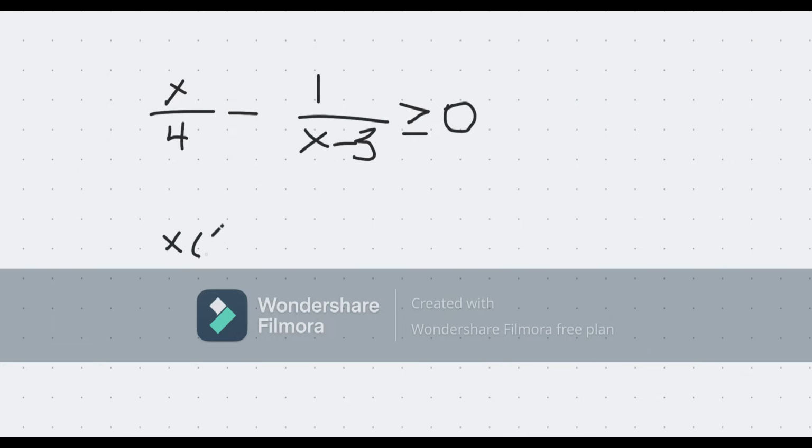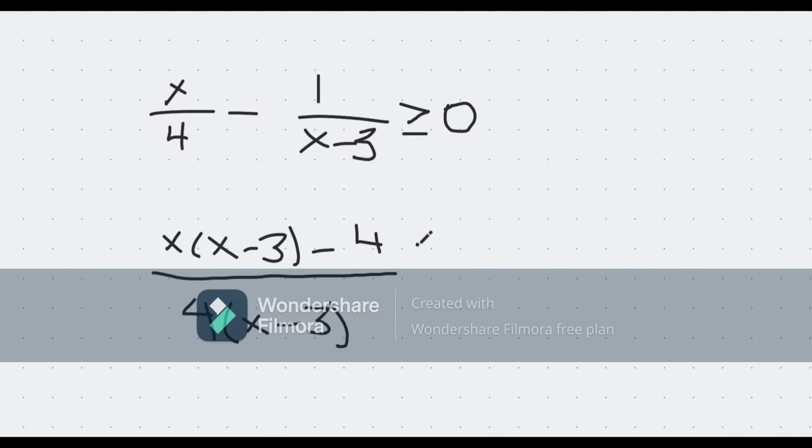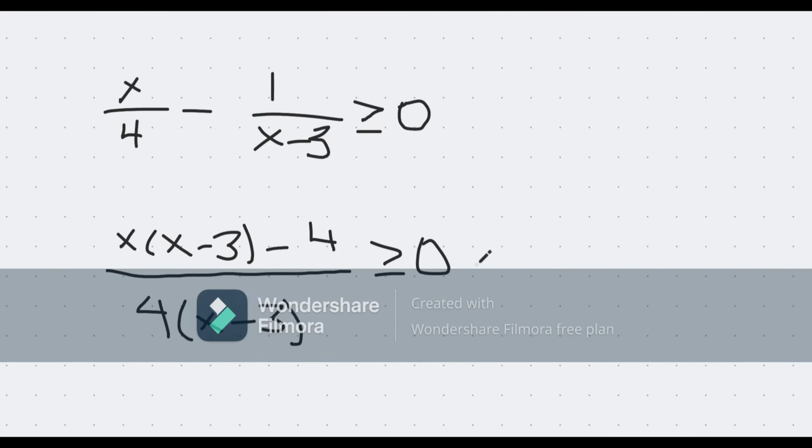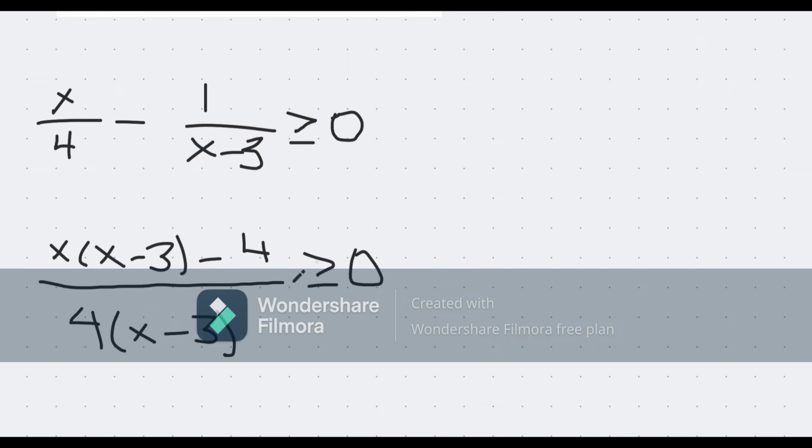So you have x times x minus 3 minus 4, divided by 4 times x minus 3, must be greater than or equal to 0. Now you just expand these, but not the denominator because this is already factored.